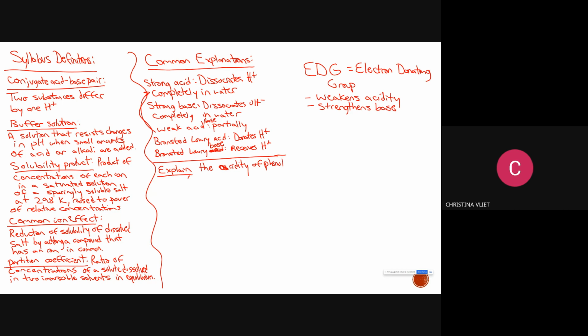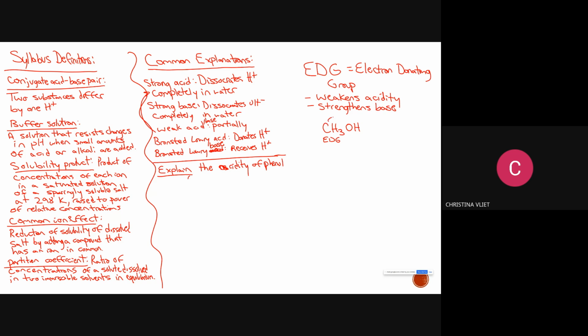Electron donating groups strengthen the bond between H plus and, for example, a nitrogen or an oxygen. It's not the hydrogen bond like you think, the intermolecular force, but just the bond between hydrogen and the oxygen or nitrogen. Let's say it's CH3, and I'm going to use this OH alcohol. Methyl groups are electron donating groups.